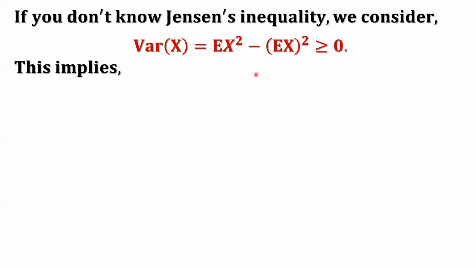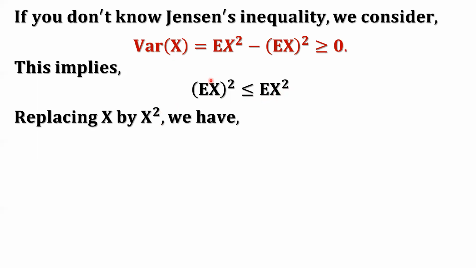Solving this inequality, we have that (E[X])² is less than or equal to E[X²]. If we replace X by X squared here, we have a different formula: (E[X²])² is less than or equal to E[X⁴].